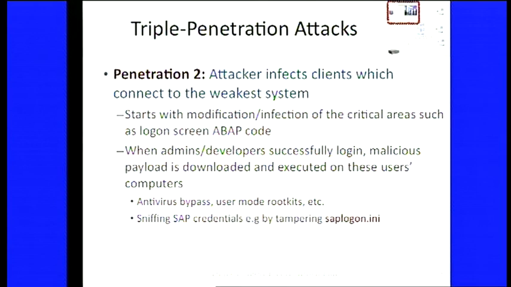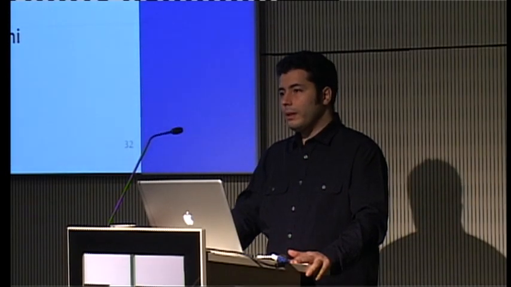The users of those systems get infected. And we know the topic with antivirus bypass, user mode rootkits, and everything else. So also sniffing the connection to other systems is possible. So at that place, the client security, so endpoint security, is very, very critical.